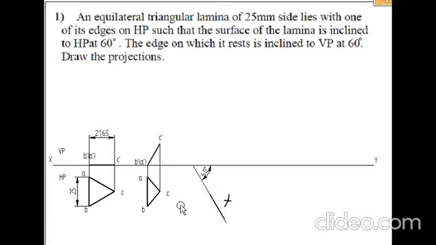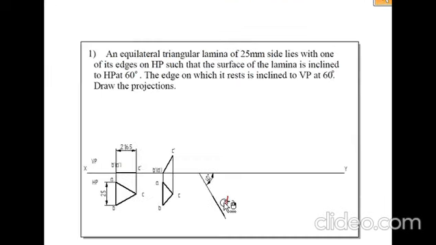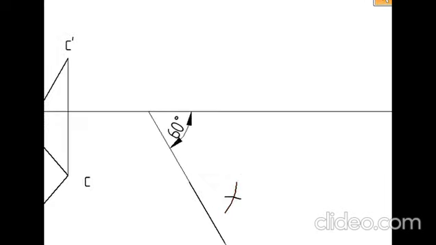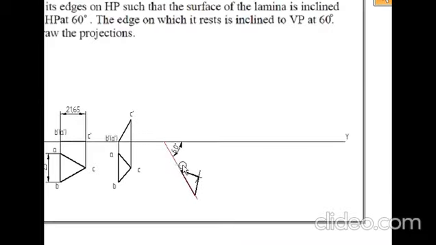Next, we have to join the lines from this point to the intersection point, and next, from this point to the intersection point. So this is the view, and this is the arc which we have drawn. It should be a thin line. So we got the final view.